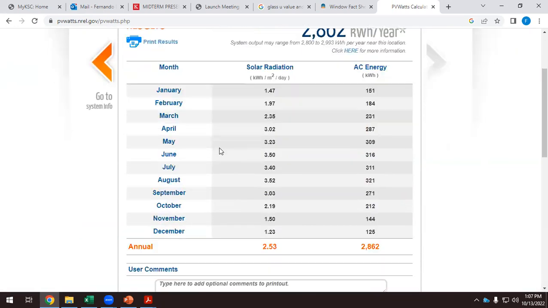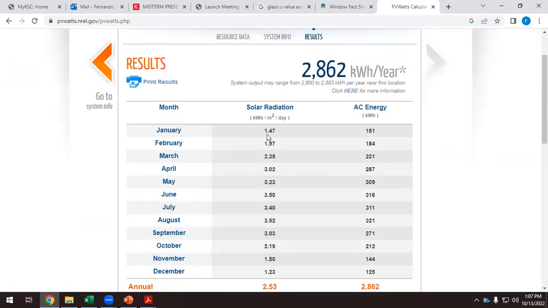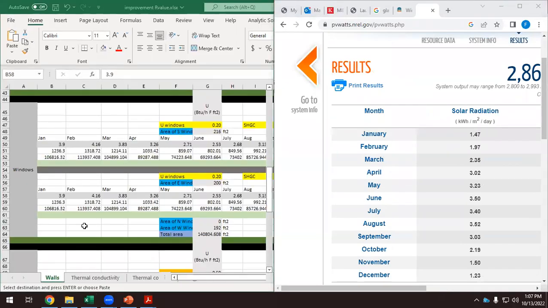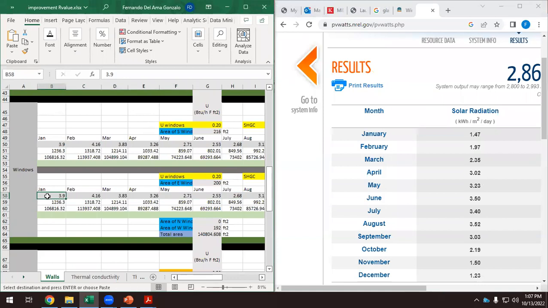Go to results. And now here I have the results from the solar radiation on the east. So I have to type here different values.